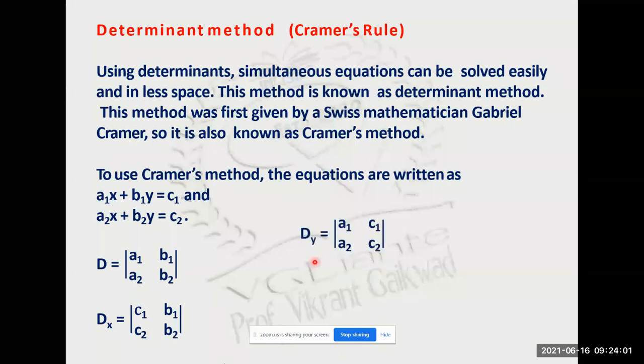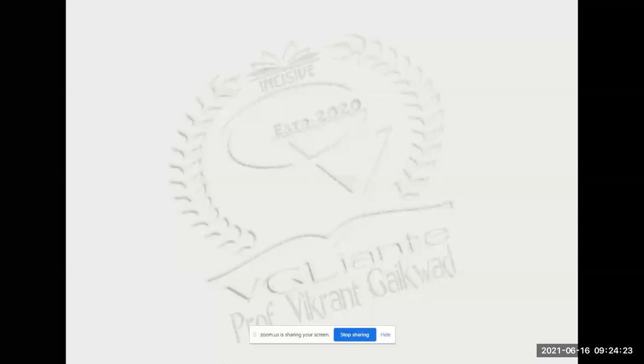For determinant of y, you take coefficients of x first and then the constants. So x is dx upon d and y is given as dy upon d. Is this clear? If you understand how to frame the matrix, the solving of the equation will be easy.